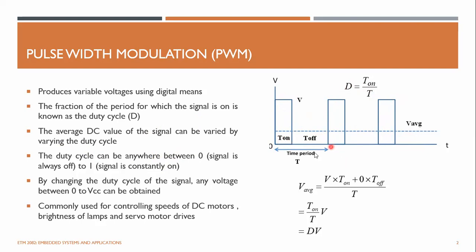In order to calculate the average voltage of this waveform, we can take the total area and divide it by the period.